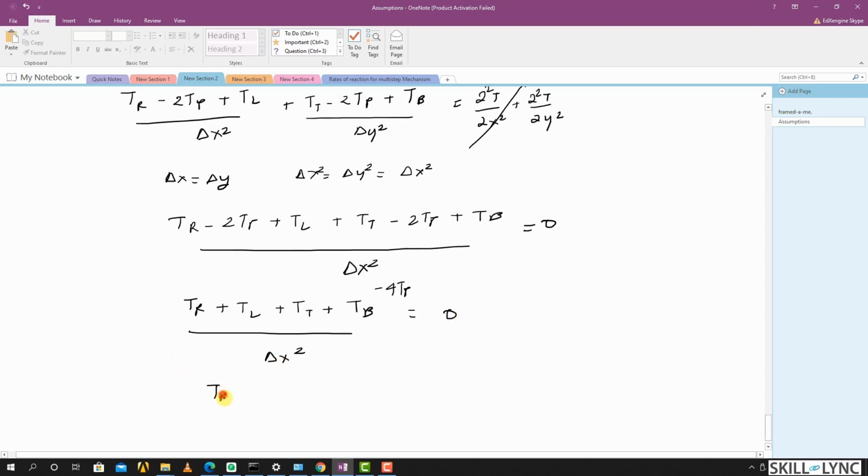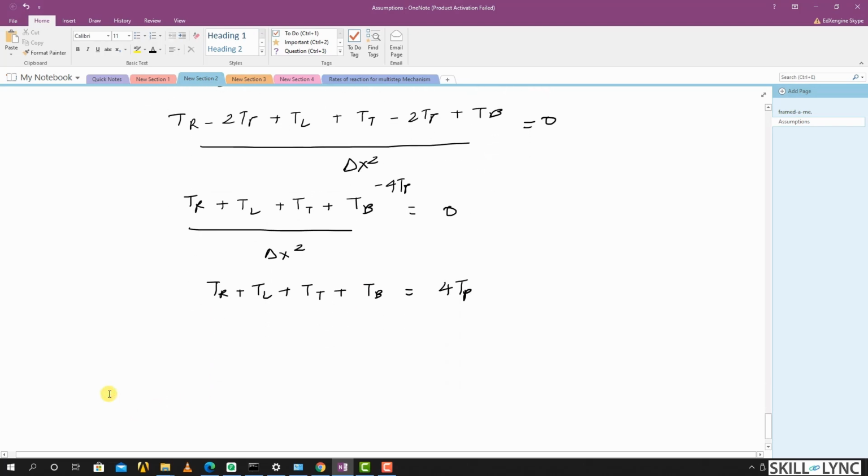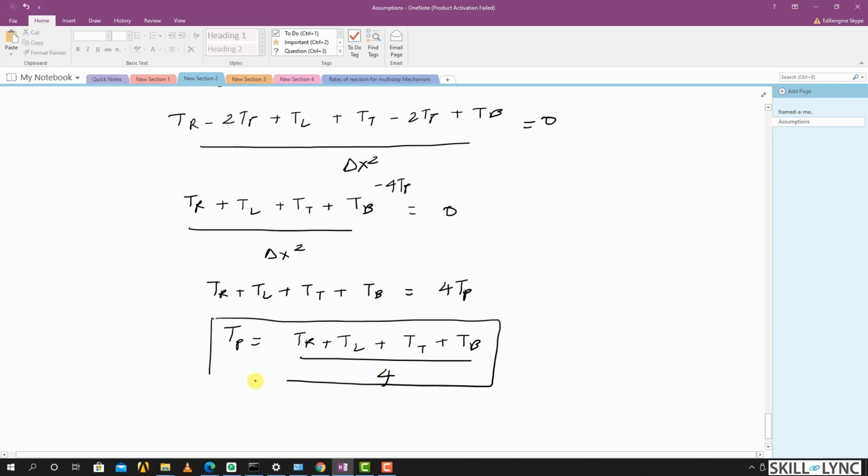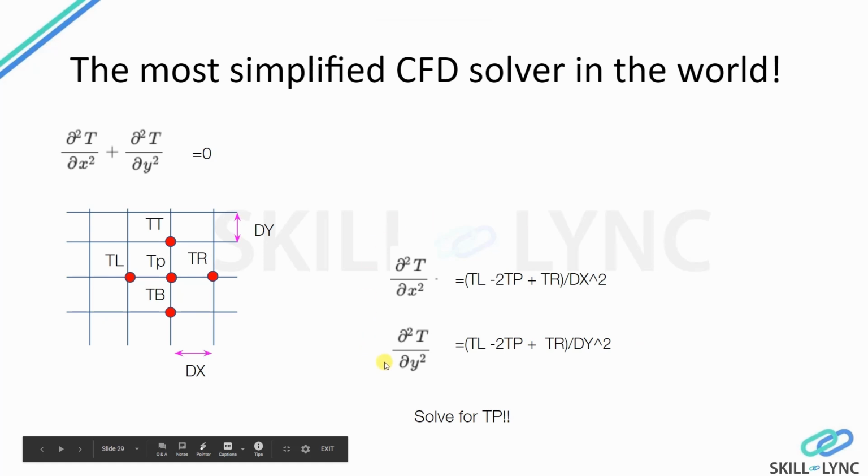So essentially I will have Tr plus TL plus Tt plus Tb is equal to 4 times Tp, which means that T at the point is equal to Tr plus T left plus T top plus T bottom divided by 4. And this right here is my governing equation. And you can see that that is what I have done.